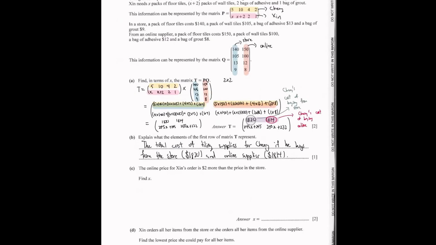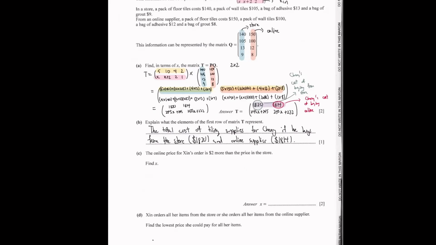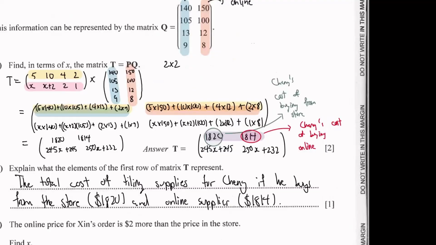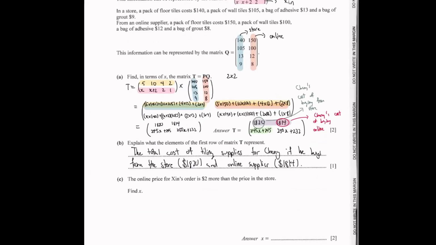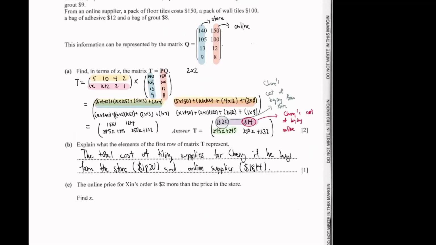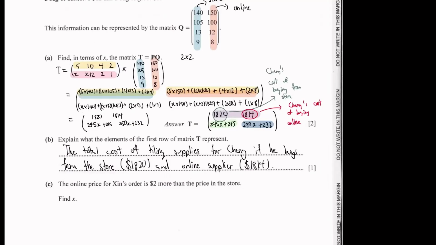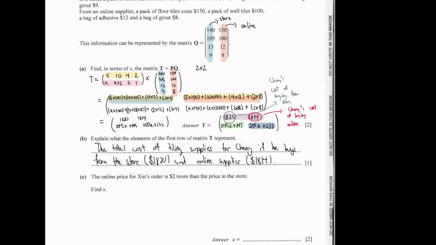Okay, so in part C, they tell us that the online price for Xin's order is $2 more than the price in the store. So what it's referring to right here is that this is Xin's price for buying from the store, and the one in blue is Xin's total cost for buying from the online store.